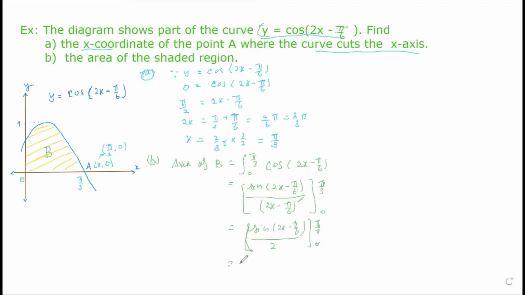So I write down here. This one is going to be, we can take 1 over 2 out, right? 1 over 2 and the whole thing in an open bracket. Inside here is going to be sine, replace x with pi over 3, becomes 2 over 3 pi, right? This one is 2 over 3 pi minus pi over 6.